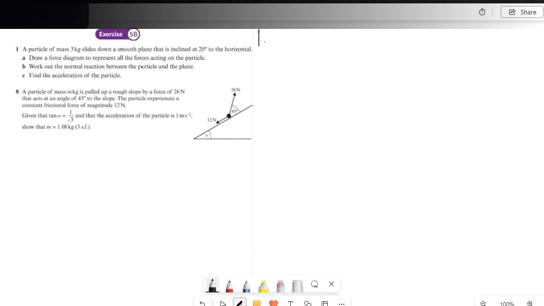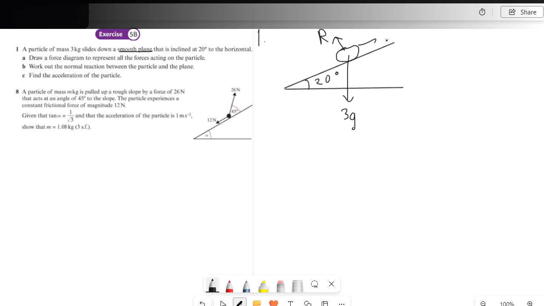In number 1, a particle of mass 3 kg slides down a smooth plane that is inclined at 20 degrees to the horizontal. For part A, we have to draw a force diagram to represent all the forces acting on the plane. If this is the inclined plane and this is the horizontal plane, this should be 20 degrees, and this should be a particle of 3 kg. So this should be 3g, which is the weight, or mg. This should be the reaction force, or R. Because it is a smooth plane, there should be no friction.